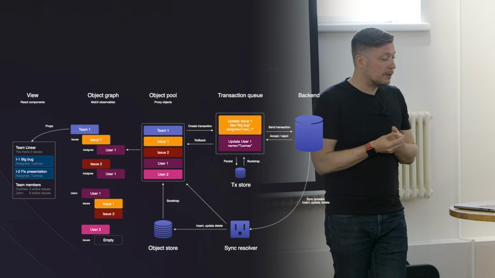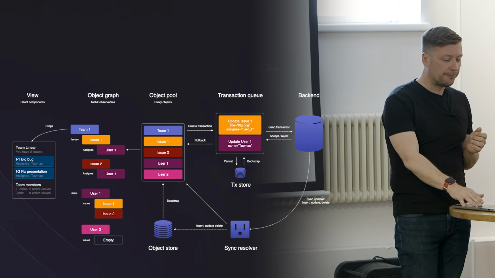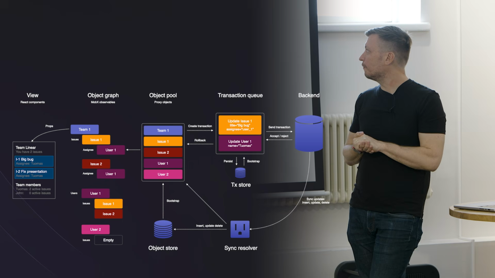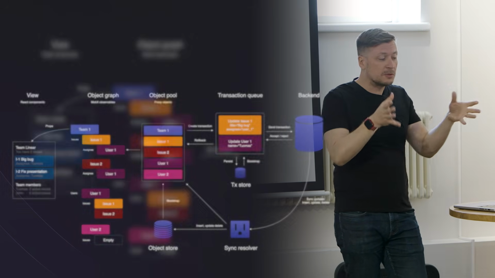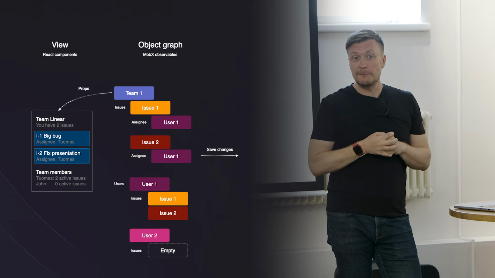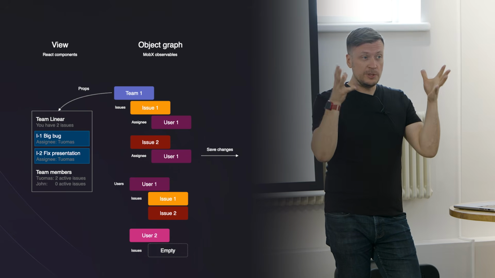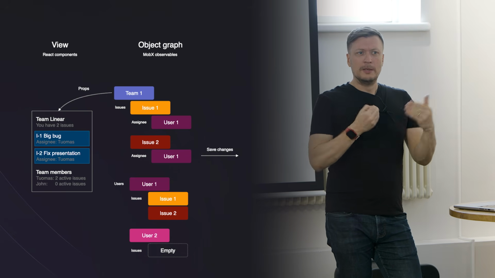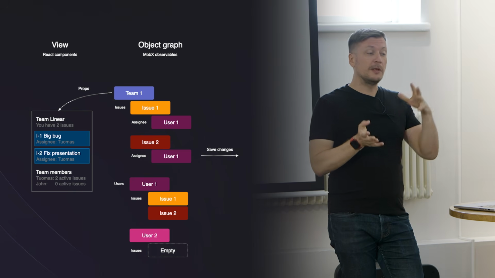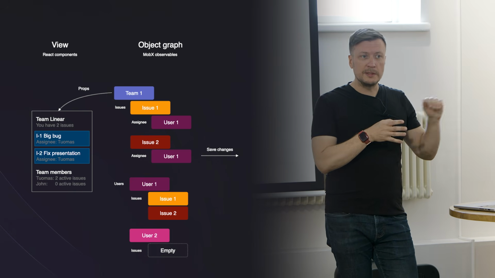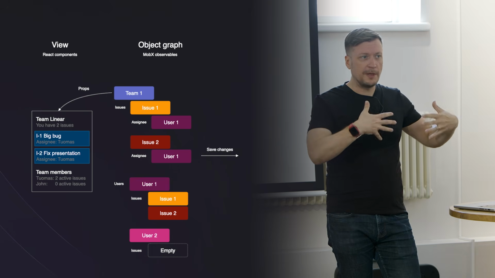For the remainder of the talk, what we can do is we can not look at whatever is on the right-hand side of things, because this is what you as a user essentially see from the sync engine. You see an object graph that is somehow kept in sync with all the changes that users have. And then you have your view that is essentially a representation of that object graph.